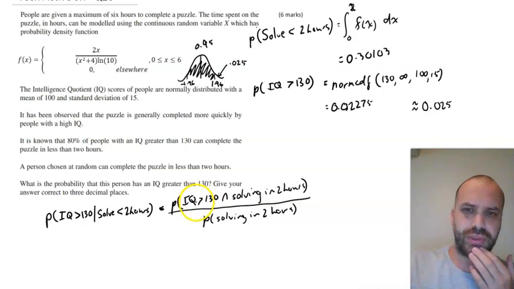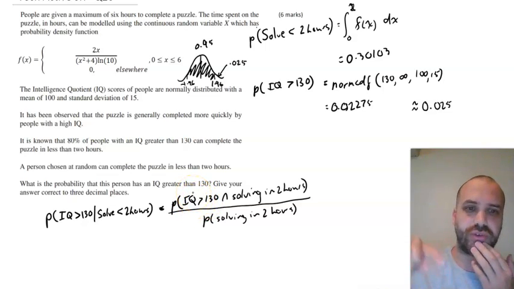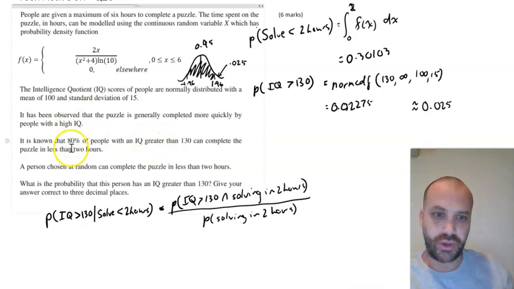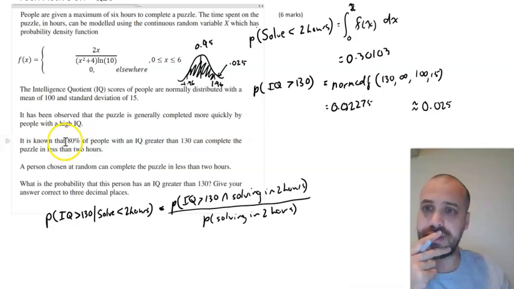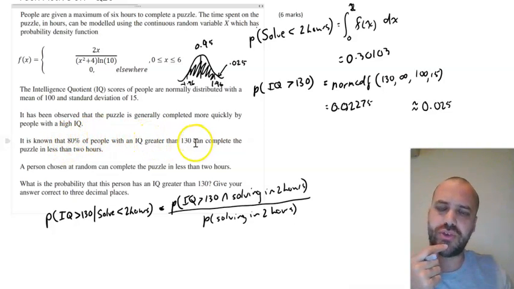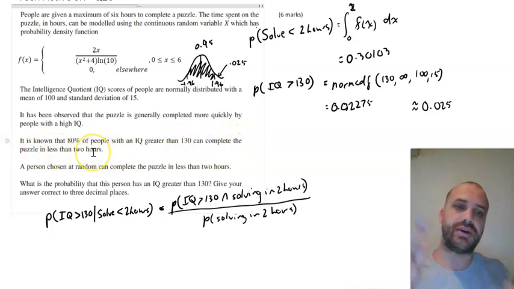I don't know the probability of having an IQ of greater than 130 and solving in 2 hours. So, going back through the question, this information, I haven't used this yet. 80% of people with an IQ greater than 130 can complete the puzzle in less than 2 hours.